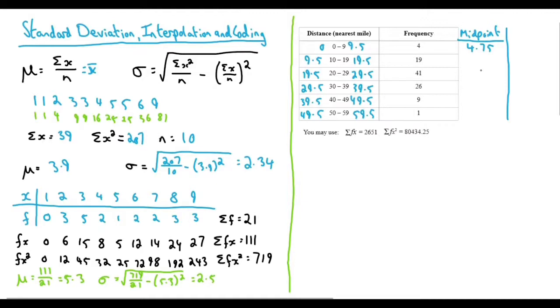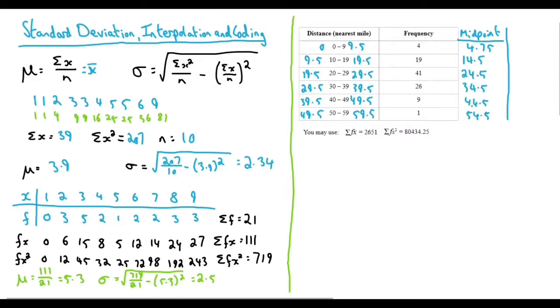But then, as for the midpoints of any of these other numbers, because these have a difference of 10 rather than 9.5, you just need to go 5 in between them. So in this case, that will be 14.5, and as you can kind of tell from the pattern, we're then just going to go up in tens each time. So 24.5, 34.5, 44.5, and 54.5.